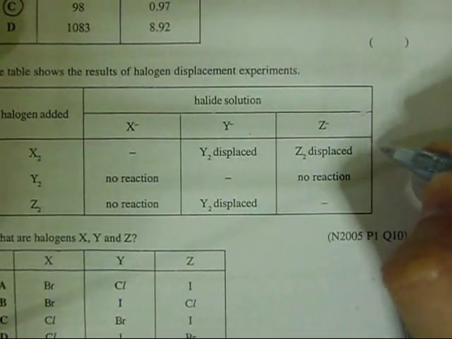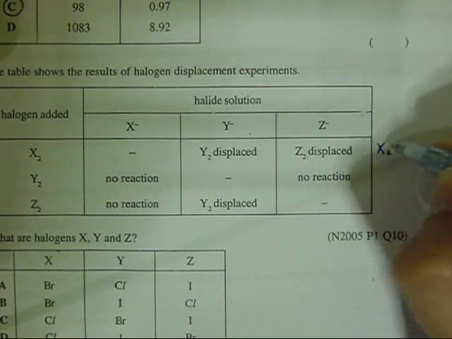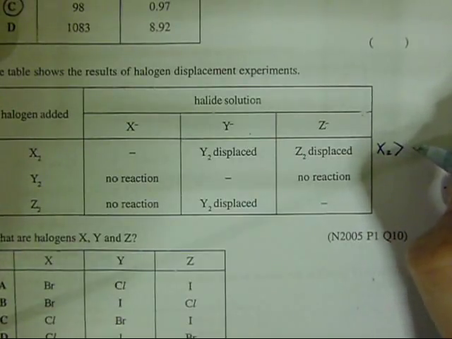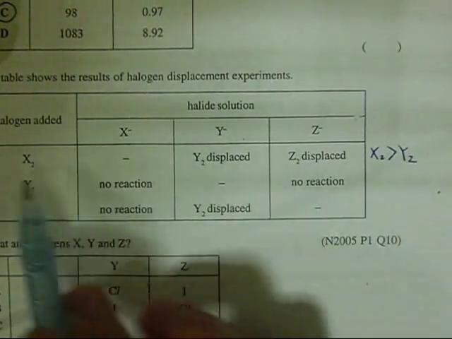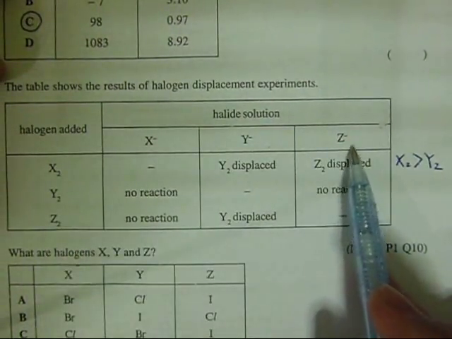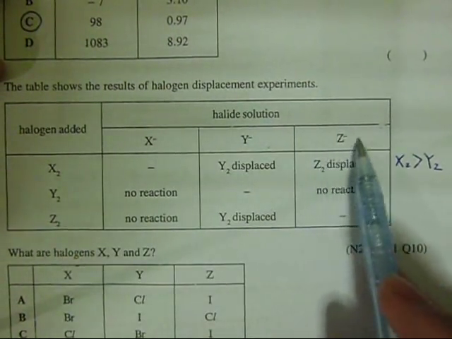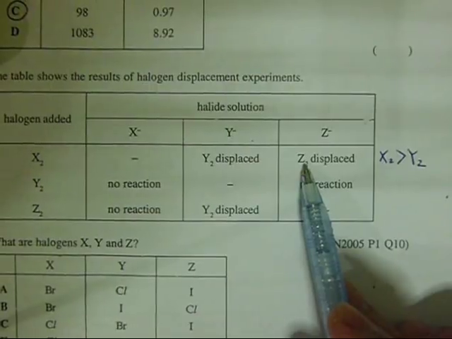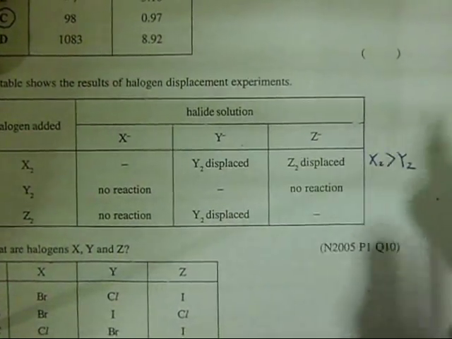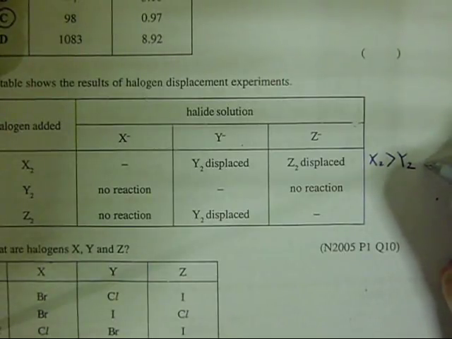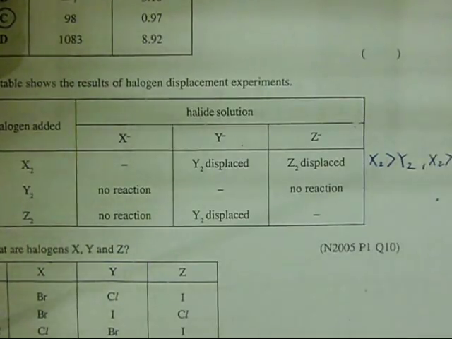So we can just make a small note here: X2 is more reactive than Y2. And then when X2 is added to this ionic solution, Z2 is kicked out as well, which means that X2 is more reactive than Z2. So X2 is more reactive than Y2. Also, X2 is more reactive than Z2.